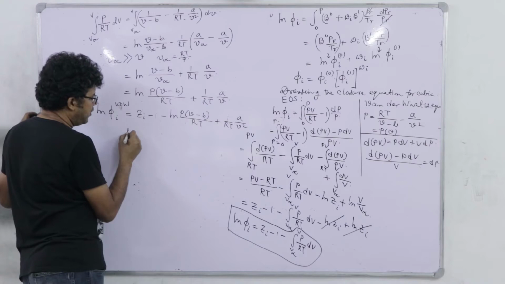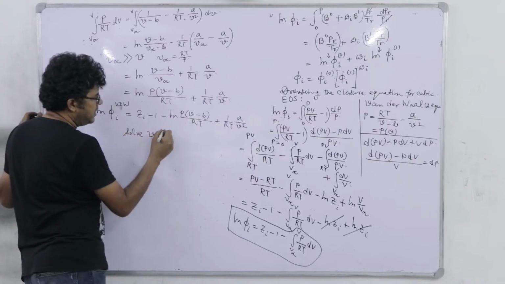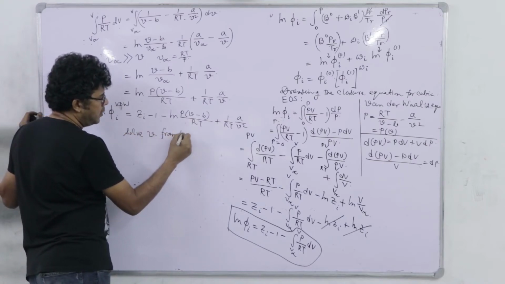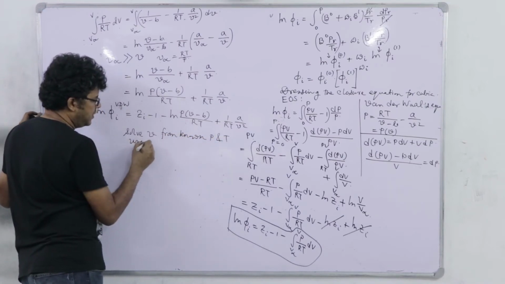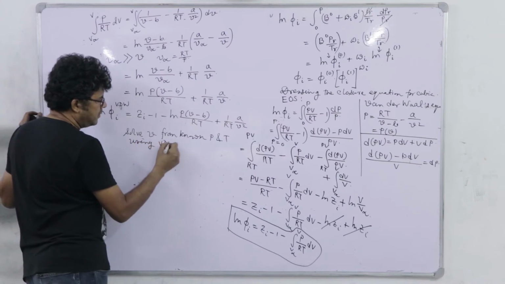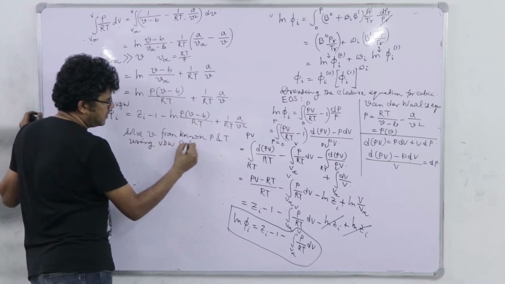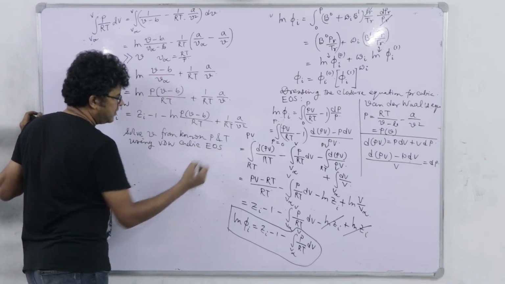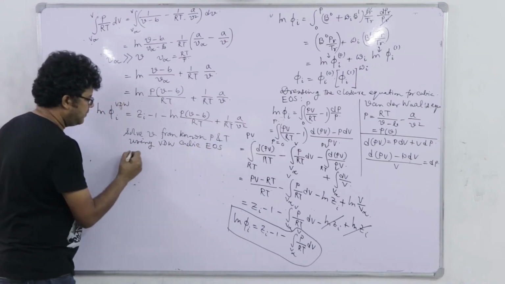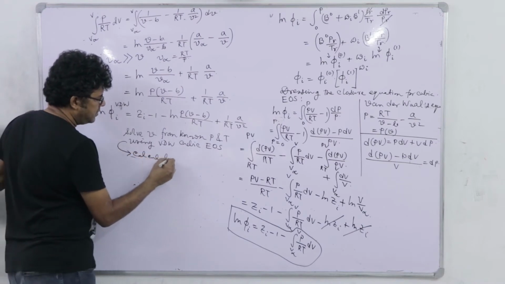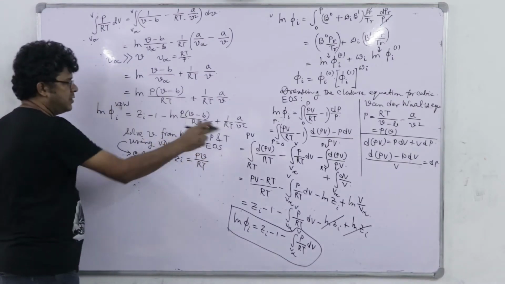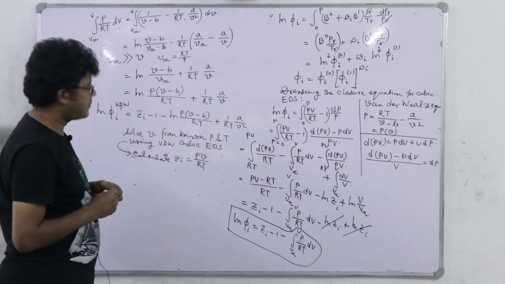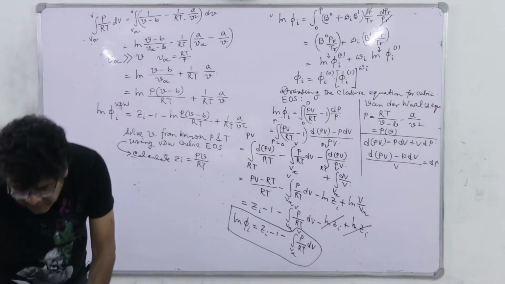Now solve V from known P and T using van der Waals cubic equation of state, and once you know V, next you calculate Zi as PV by RT and substitute it here, you will get the answer for a specific problem.